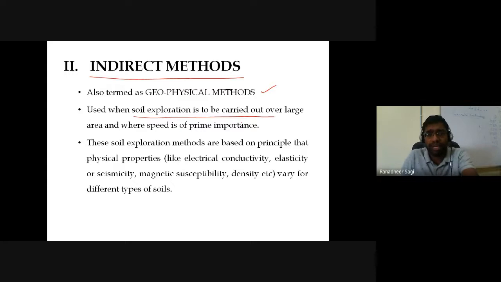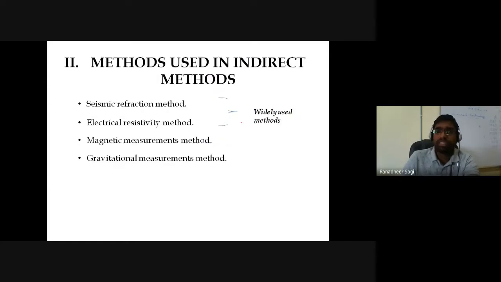However, as far as the syllabus is concerned, we are not going into the details of these indirect methods. But I'll just give you a glimpse of the different types of methods that we have in these indirect methods. Different subclassifications in the indirect methods are the seismic refraction method, electrical resistivity method, magnetic measurements method, gravitational measurements method, and so on.